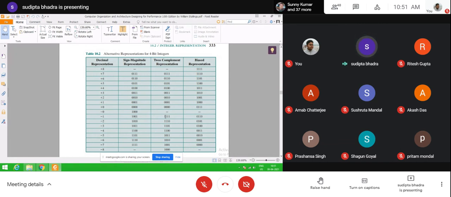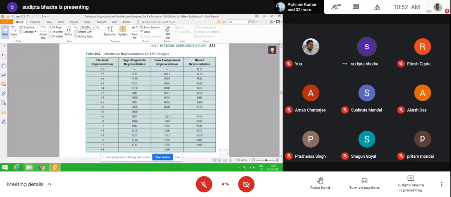Now in 2's complement minus 1, the a3 bit will be 1. For all the numbers from minus 0 to minus 8, in 2's complement representation the sign bit will be 1.